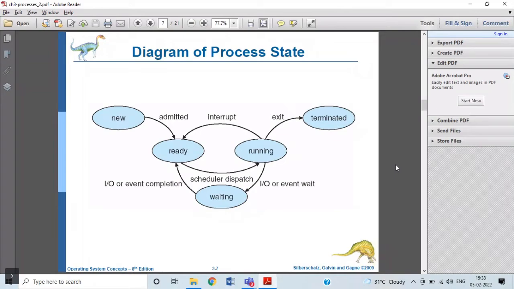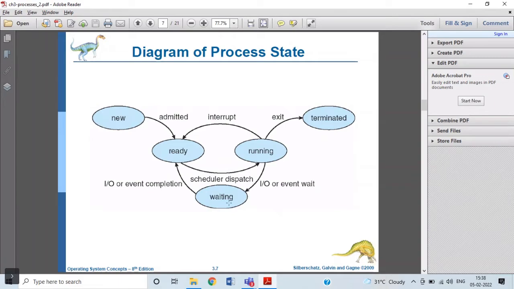Printing, yes. Whenever the processor is giving its time to the printer, at that time the typing document will be waiting for the processor. That is called the waiting process. Then it will go to the ready state.